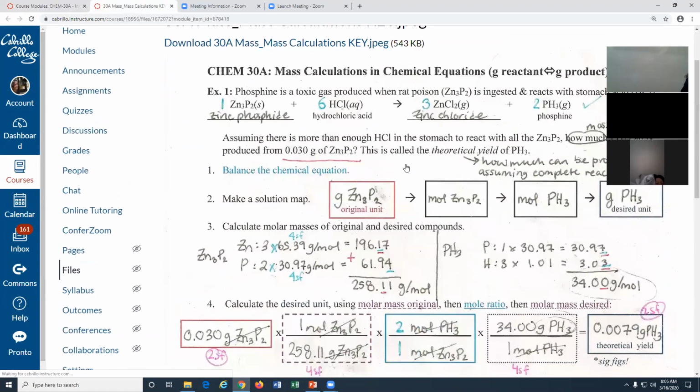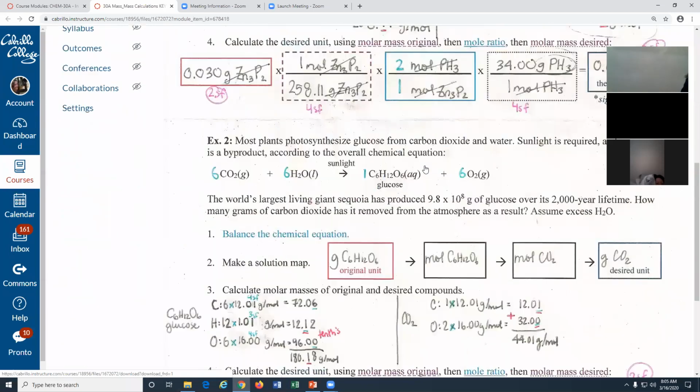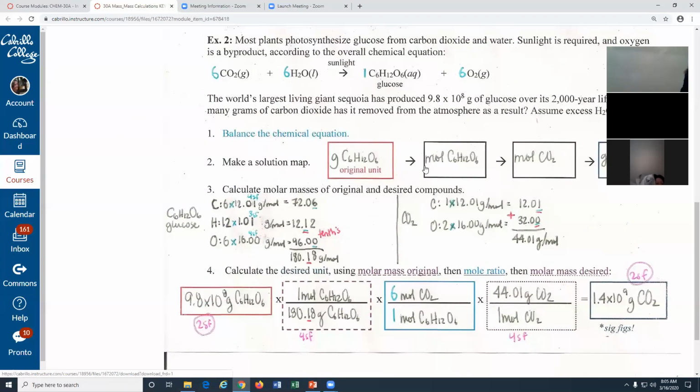Remember the rat poison and calculating the theoretical yield of the toxic gas. And then the other question was about photosynthesis. That is where you can find the key, so make sure that you're checking your key on that.